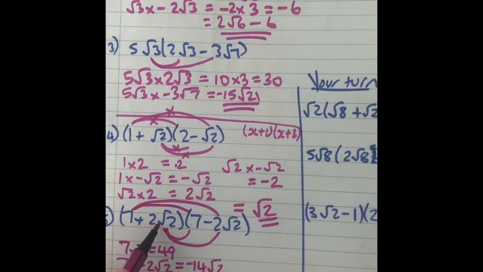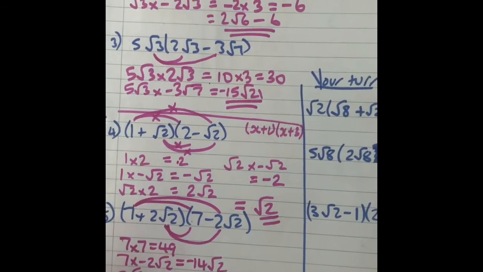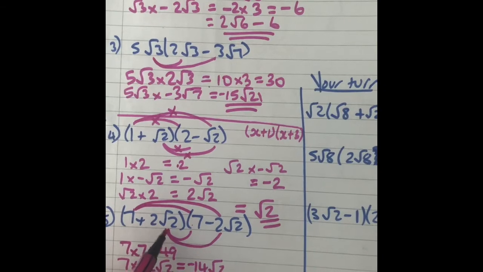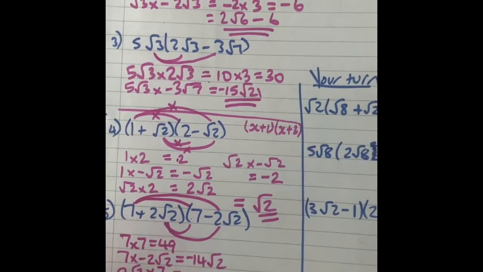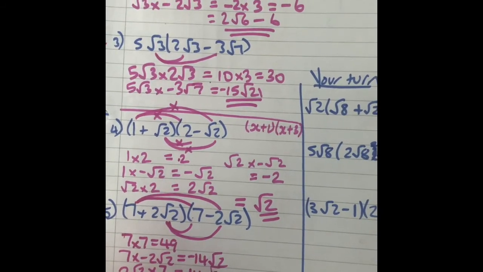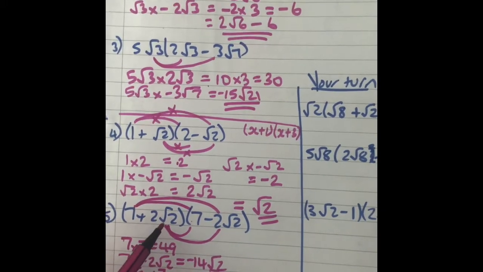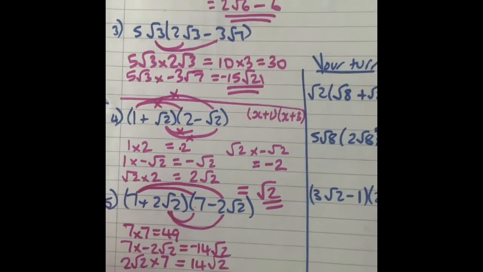Third one, 2 root 2 times by 7 is 14 root 2. And the last one, 2 root 2 times minus 2 root 2.